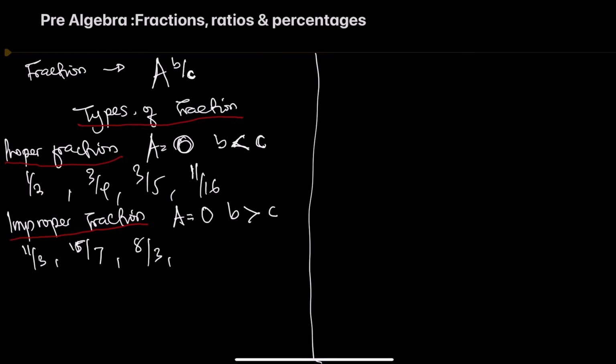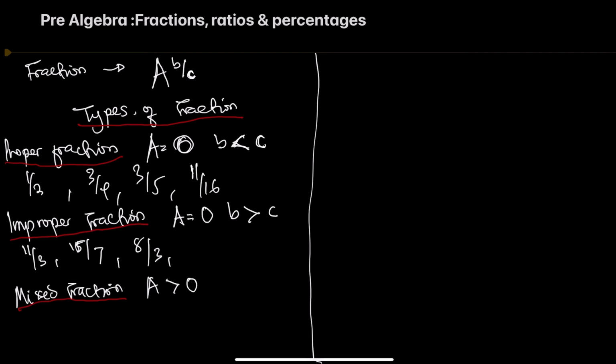Now, the third type of fraction is a mixed fraction. In the case of a mixed fraction, A is greater than 0, and basically this is the main part of our definition.